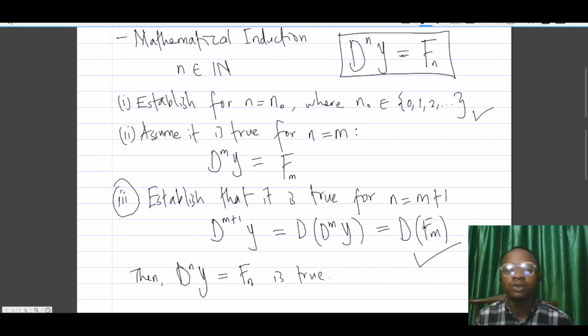And if our m was 2, we have seen already that it will be applicable to the third term, and so on and so forth in that order. That already assures us that it is definitely true for all natural numbers.